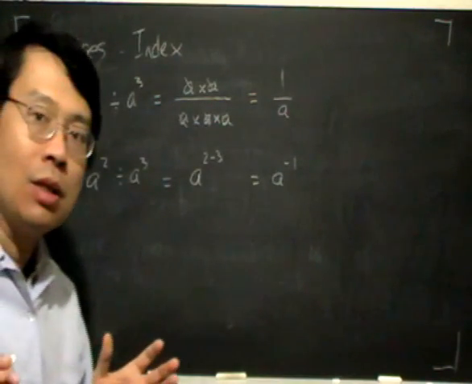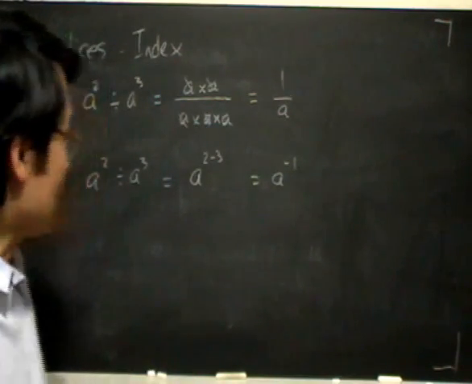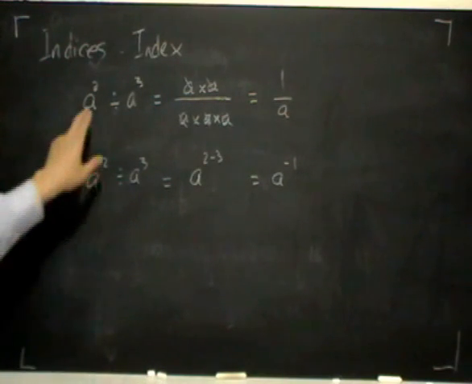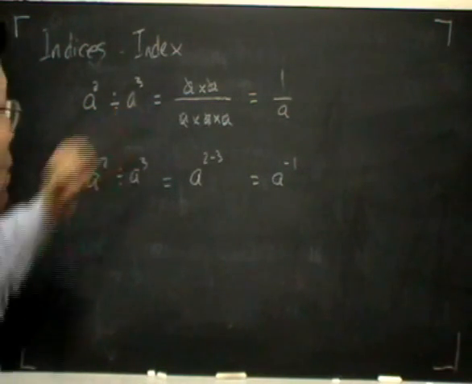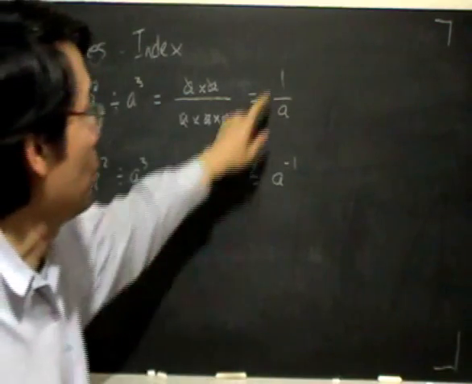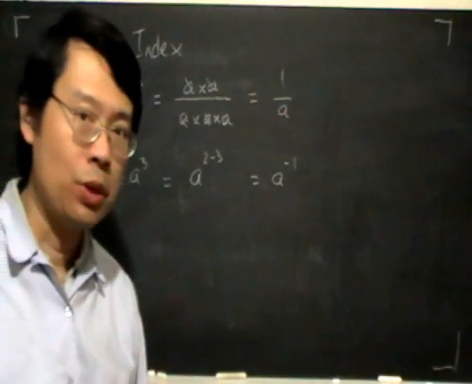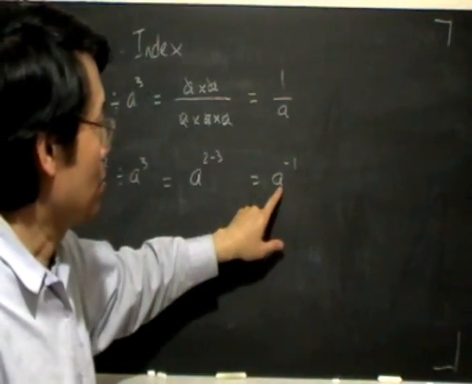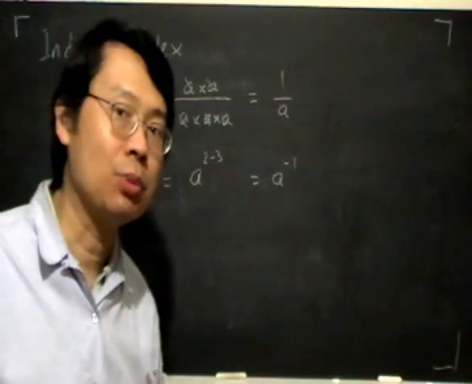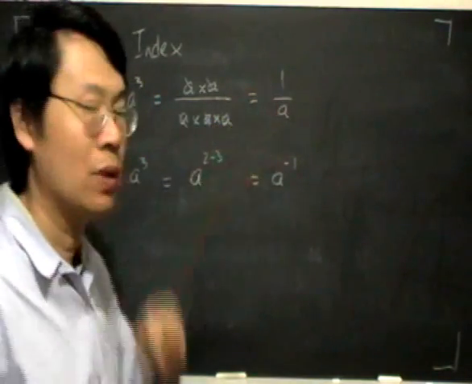What does that mean? Now that's something new that we have not seen before. Because we know that a squared divided by a cubed is really 1 over a, we could say that the meaning of a to the power of minus 1 is really 1 over a.